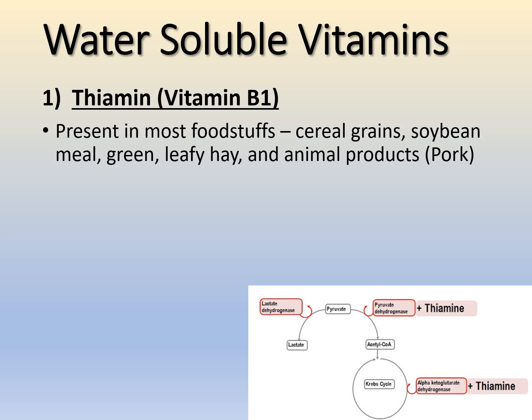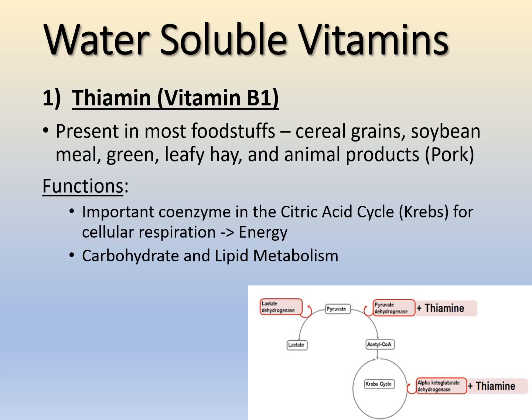So thiamine is vitamin B1, and it's really present in most foodstuffs. So cereal grains, soy, greens, hay, animal products. So you see a lot of it in most foodstuffs. And it's very important in cellular respiration or metabolism.